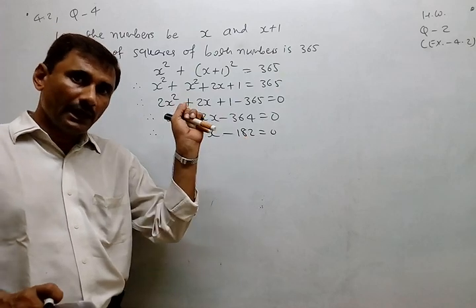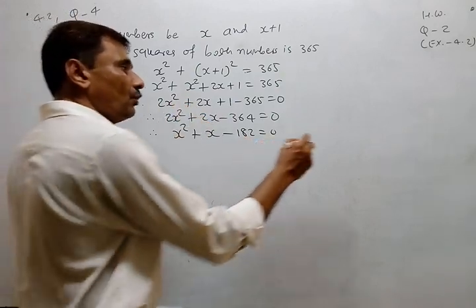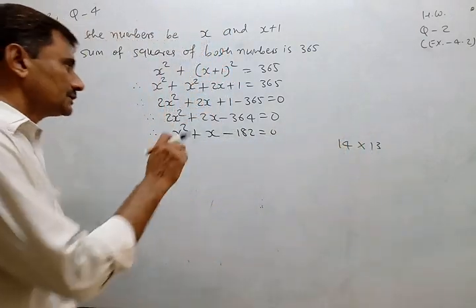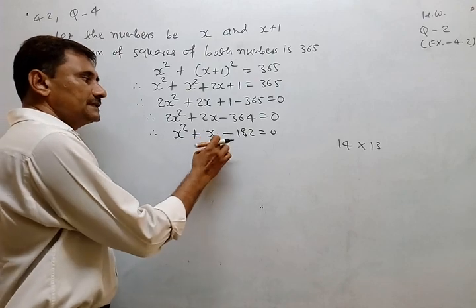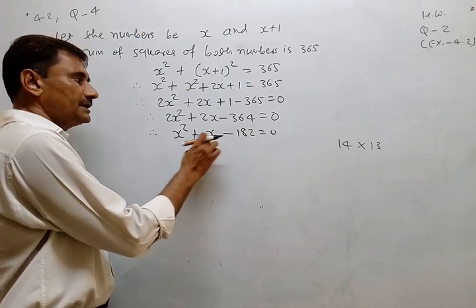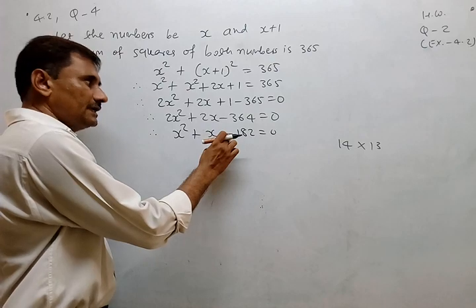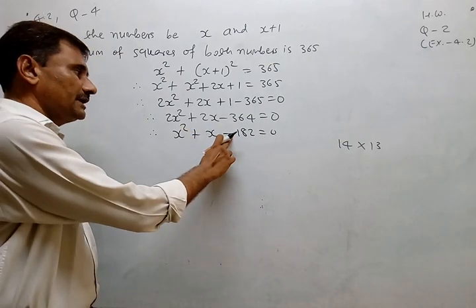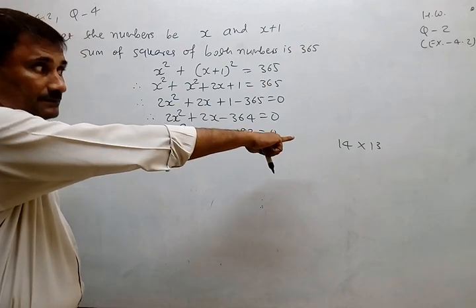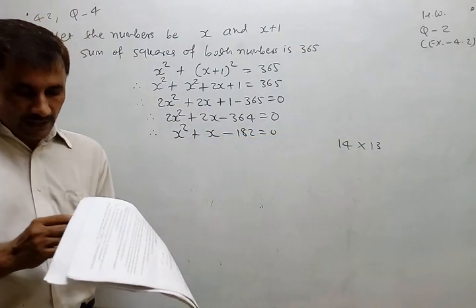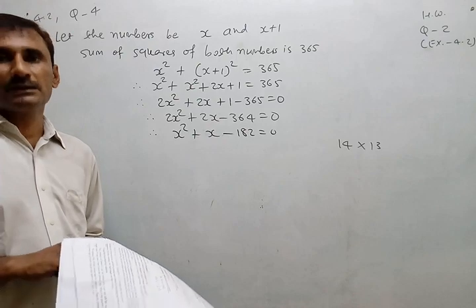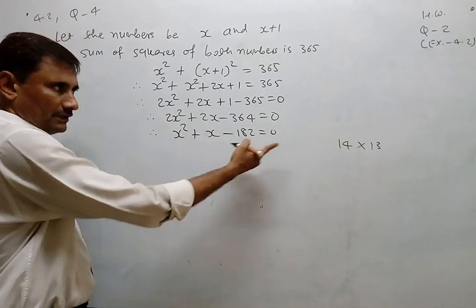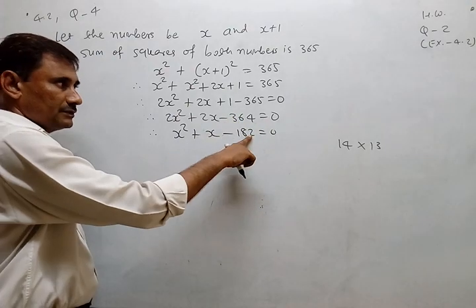So in that sum we got 14 and 13 as factors. And the difference of both is 1, because if the minus sign is there, the difference should be 1. If the plus sign is there, the addition or sum should be this. But here the minus sign is there, so this gives a difference of 1. So directly I just write the factors without splitting, why? Because a is 1. And we know the factors also since the same number was there in the previous sum.